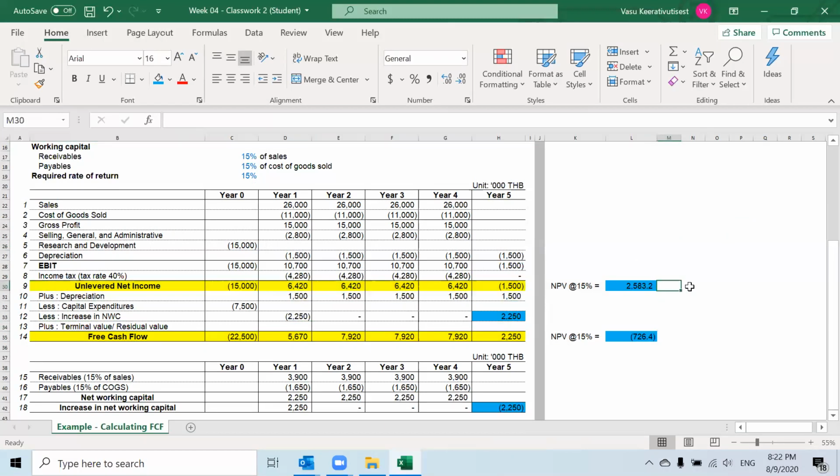This is wrong, and this is right. The wrong calculation will lead you to accept this project because you think the NPV is positive, when in fact the NPV is negative. So we should reject this project. So this is wrong.